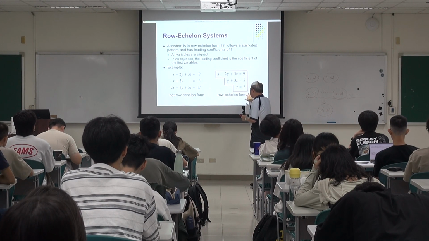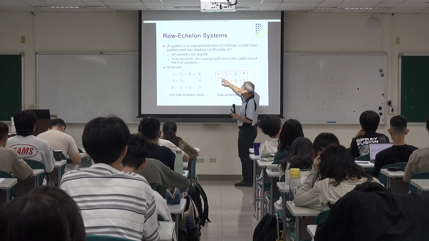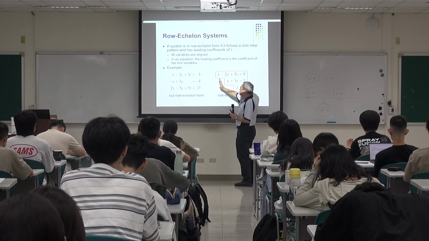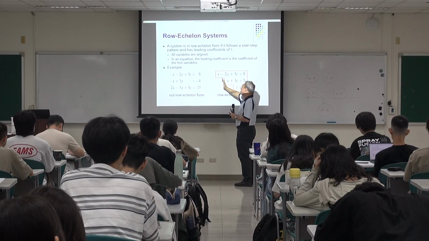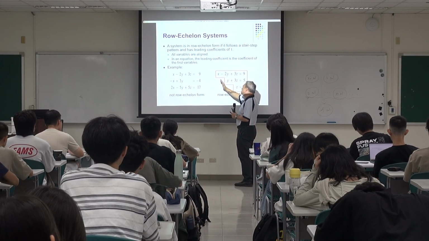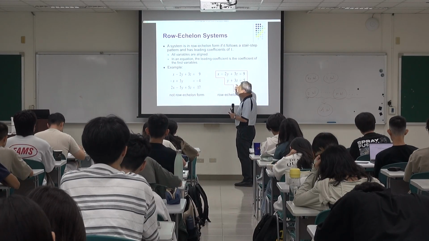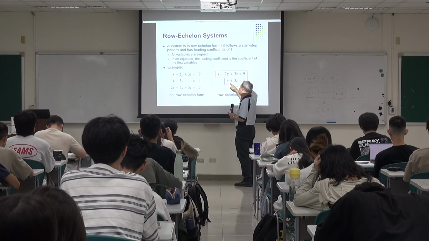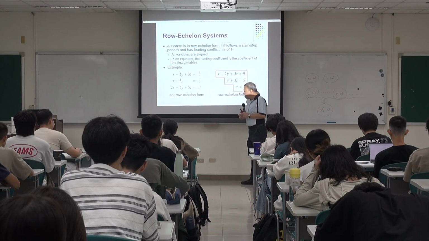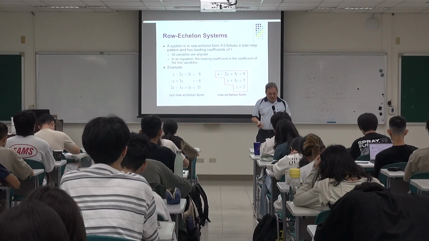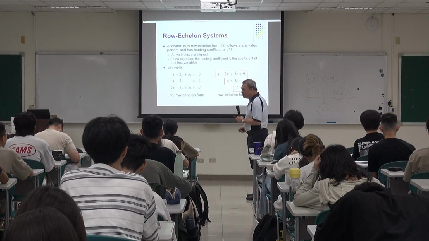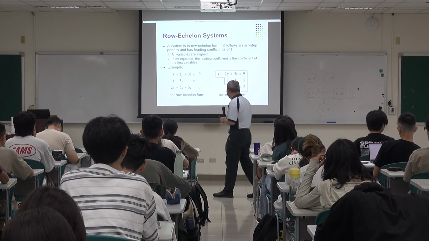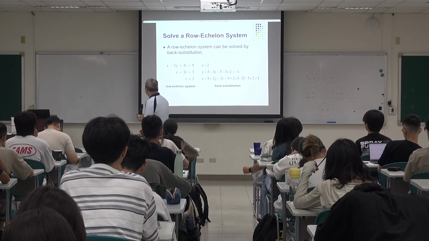The right-hand side is row echelon form, because in the stair-step pattern, each level below has at least one more variable shifted to the right, and the leading coefficients are all one. If a system of linear equations is not in row echelon form, you can obviously convert it into row echelon form.